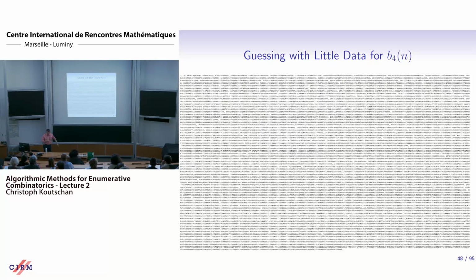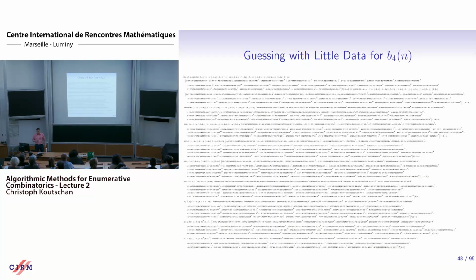These are the first 110 terms. And if we apply the guessing, we find the recurrence. It has order 9, as you can see here, and polynomial coefficients of degree 36.